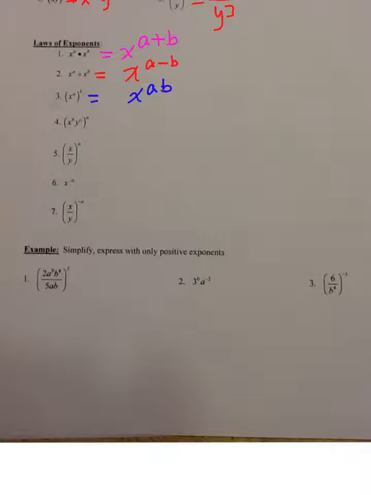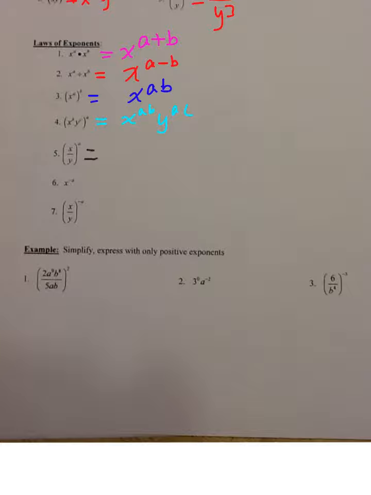And we have power of the product, so we have x to the b, y to the c raised to the a power is x to the ab, y to the ac power.